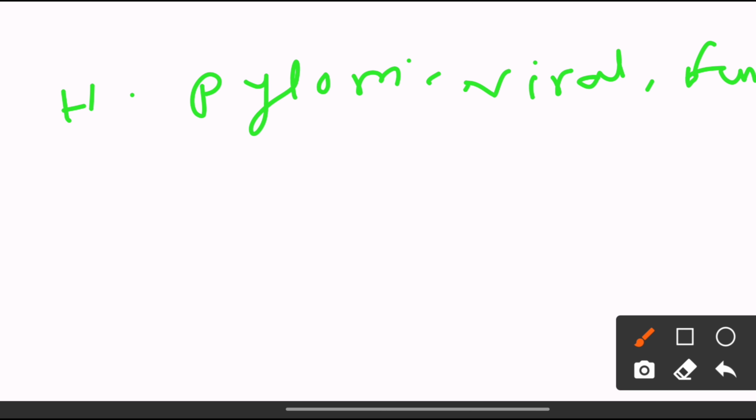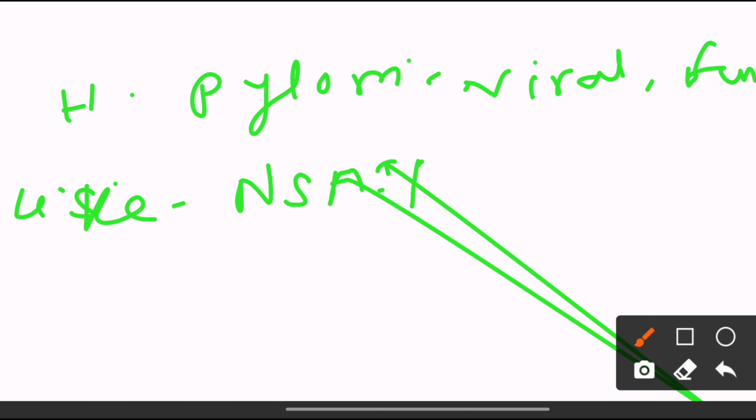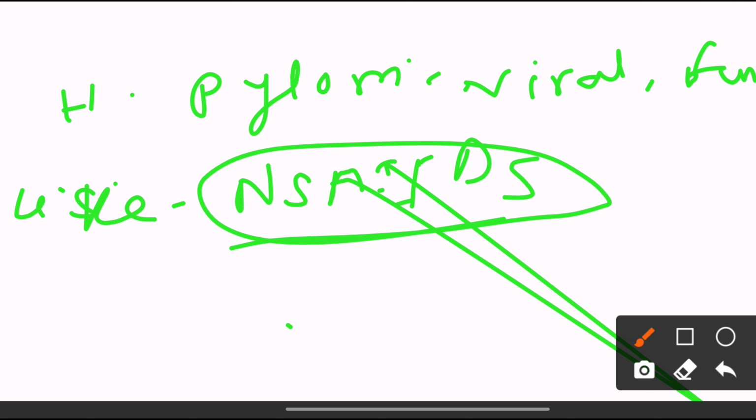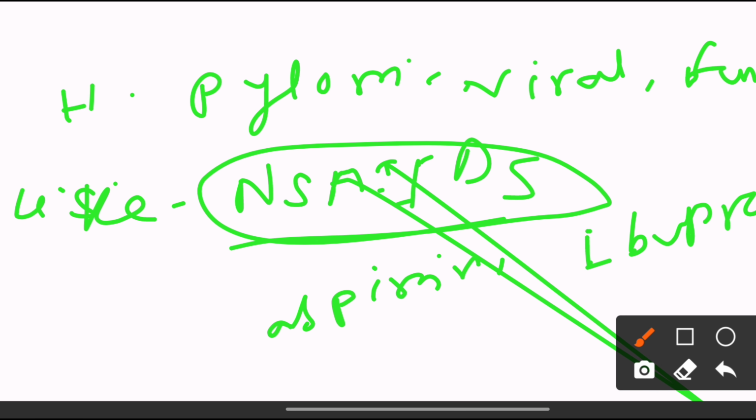Drugs, like NSAIDs, non-steroidal anti-inflammatory drugs, aspirin, ibuprofen, and corticosteroids.